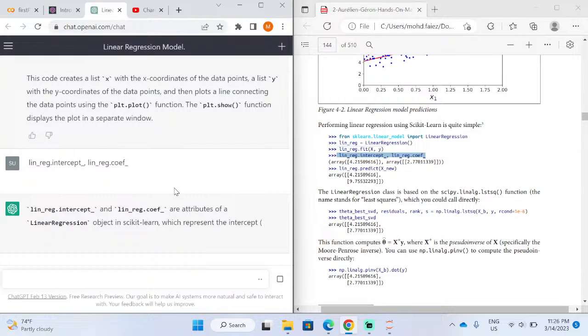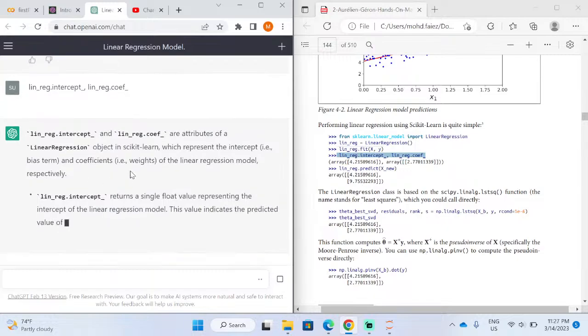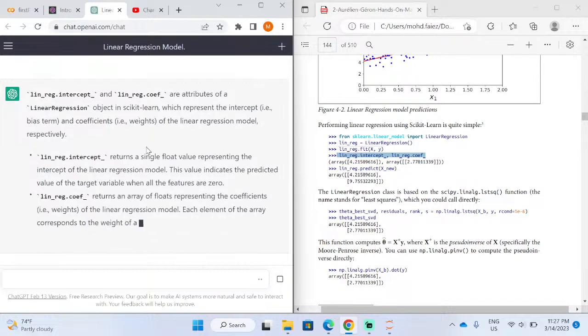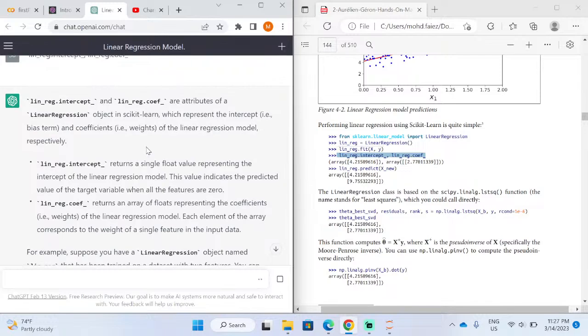Intercept and coefficient are attributes of the linear regression object in scikit-learn, which represent the intercept, that is the bias term, and the coefficient, that is the weight. So the intercept means theta naught, and these are the linear coefficients, theta 1 to theta n.